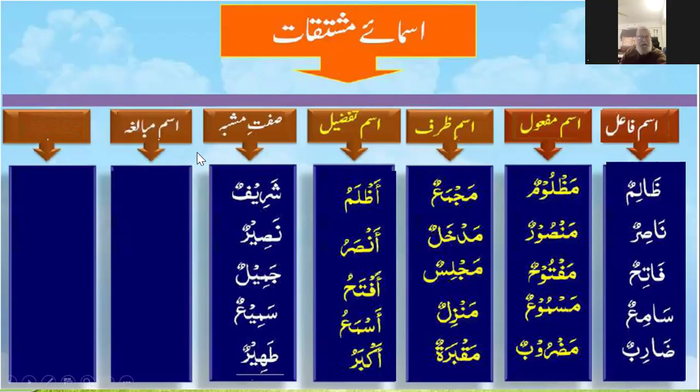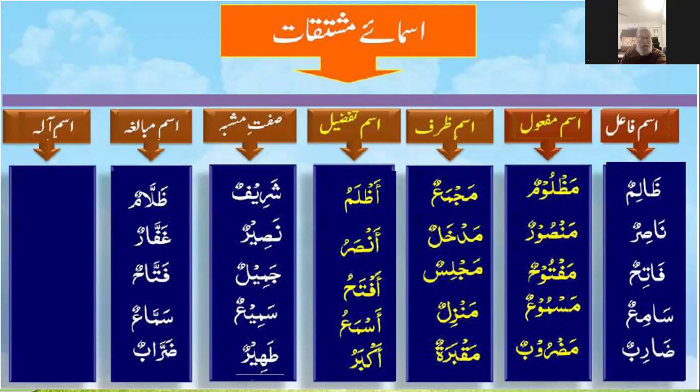The next is isme mubalagha, just like zallamun, ghaffarun, fattahun, sammaun, darrabun. See, they are isme mubalagha, just like akbaru, a'zamu.